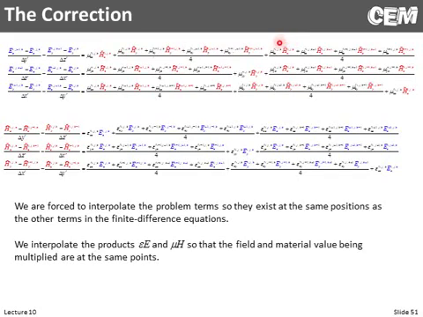We're also going to interpolate the product of mu sub xz with hz at 4 different points, all surrounding h sub x, to interpolate it to exist where h sub x exists. And I make that argument for all the off-diagonal terms. So these are our corrected Maxwell's equations, a lot uglier here.